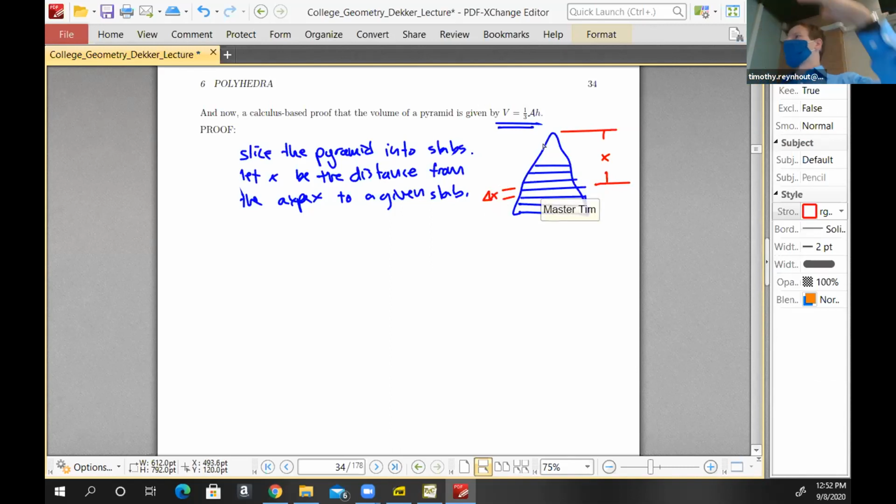So when we think of the distance from the apex to one of the slabs, we're going to integrate either from the apex to the base or the base to the apex, whichever way you want to think about that. But then we need a way to say, what are our increments of change here? Well, our increments of change are how much we're changing in x. So that's the thickness of a slab.